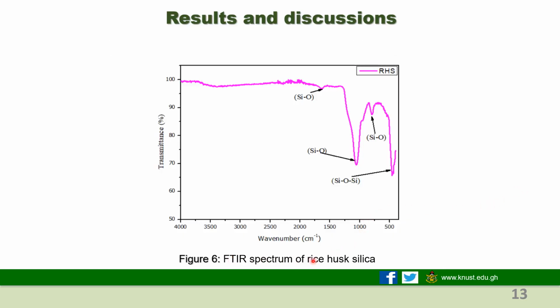FTIR spectrum of rice husk silica. The FTIR spectrum reveals silicon-oxygen bond vibrations at 1,648 per centimeters, 1,070.9 per centimeters, and 803.7 per centimeters.